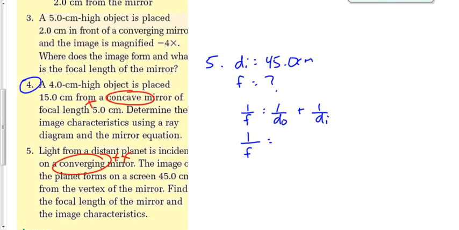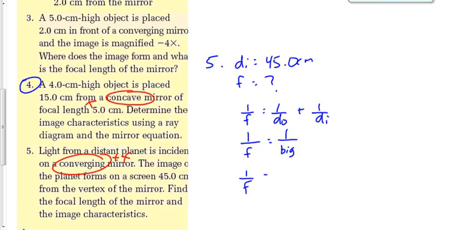We don't know how far away this planet is, but we know that the object distance is big. It's really big. 1 over 4 is 0.25. 1 over 10 is 0.1. 1 over 100 is 0.01. 1 over 1,000 is 0.001. 1 over a really, really, really big number is effectively what?